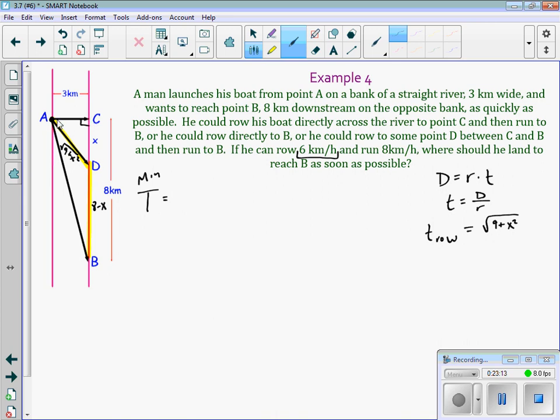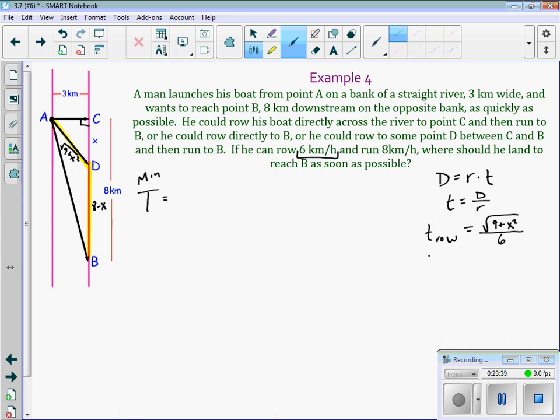Because if he rows straight across, what's your x? 0, so doesn't that still work with this equation here? Okay, so this equation will work for any spot between C and B. We just place it in between so it's easier to see it there. So our distance that he rows is that, and what's the rate that he's rowing? 6, so 6 goes in the bottom.